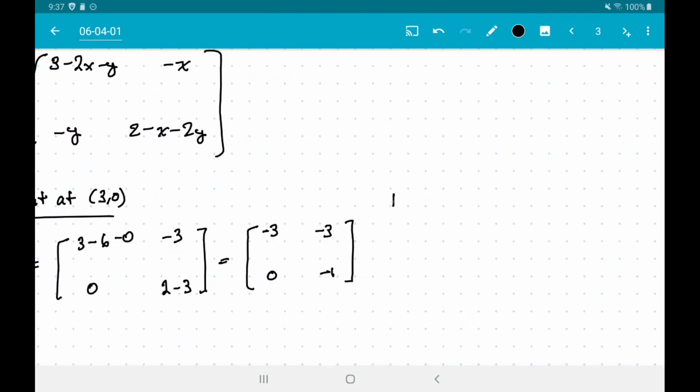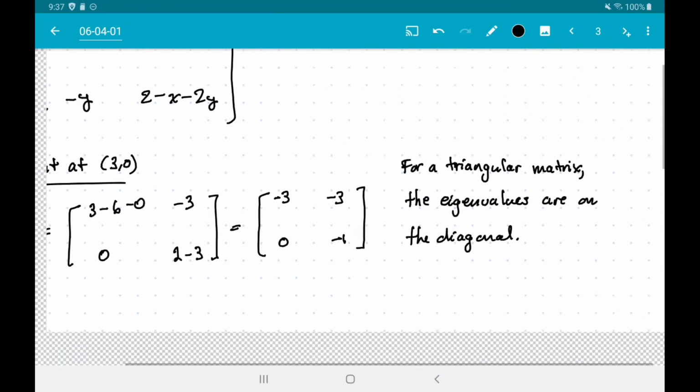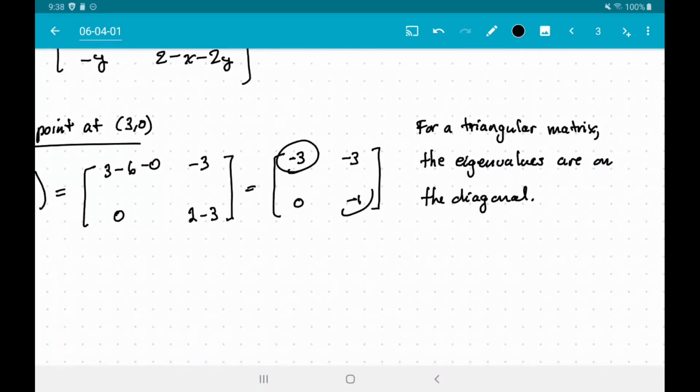So for a triangular matrix, the eigenvalues are on the diagonal. So that means our eigenvalues are negative 3 and negative 1.